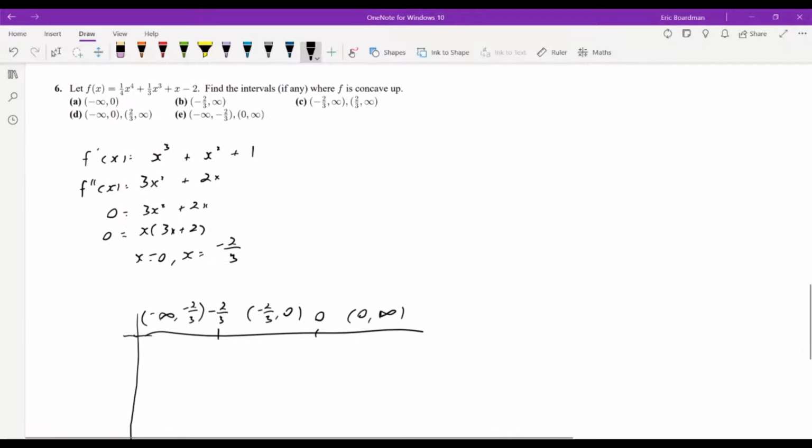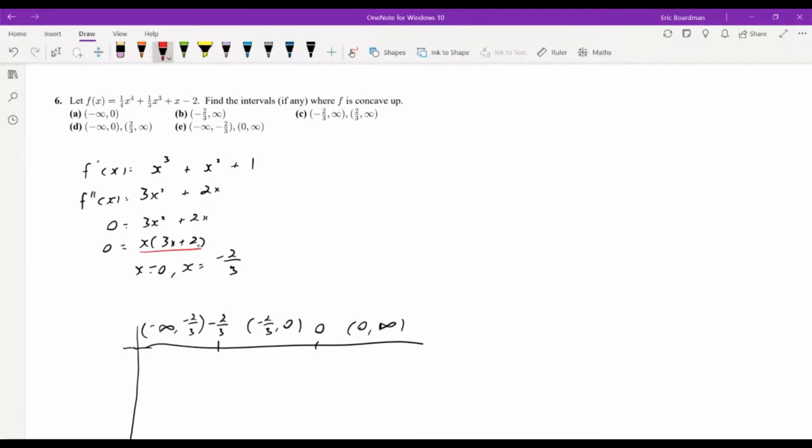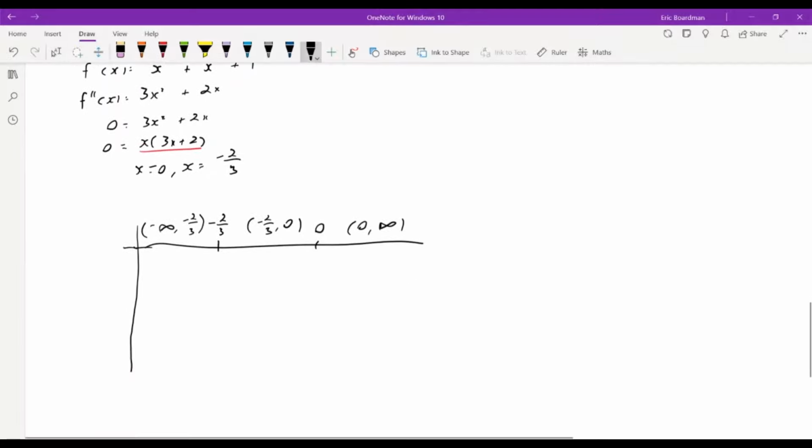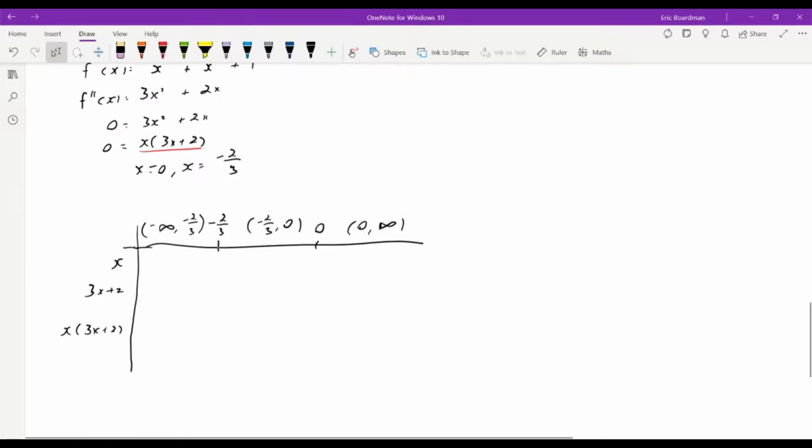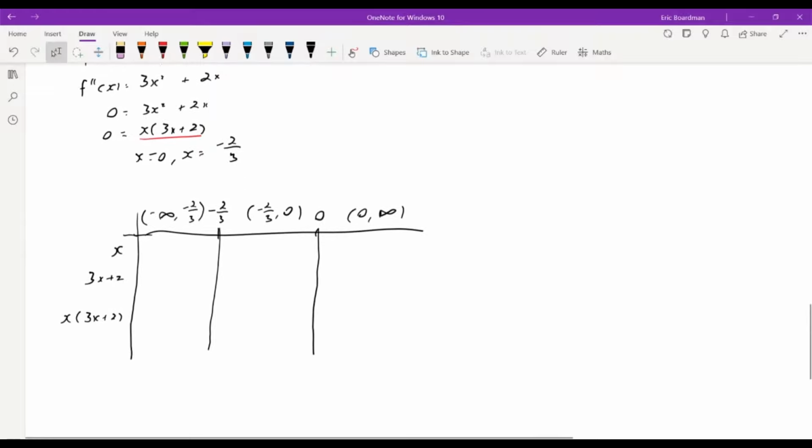We know that the second derivative is this, x times 3x plus 2. So we can look at each factor. We can look at x, and we can look at 3x plus 2, and then we can look at it as a whole. This is kind of ugly looking, but it should do the job.